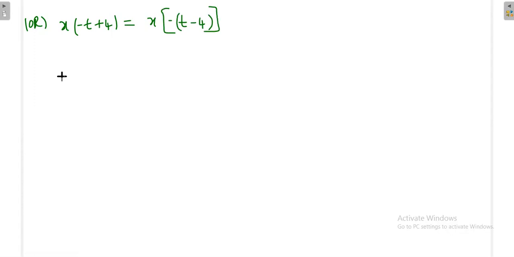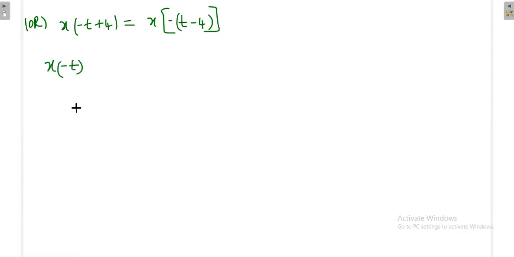Now, I will go by both methods. First I'll apply the time reversal, then shifting. Then I will do it in the opposite manner. First I will apply this, x of minus t.